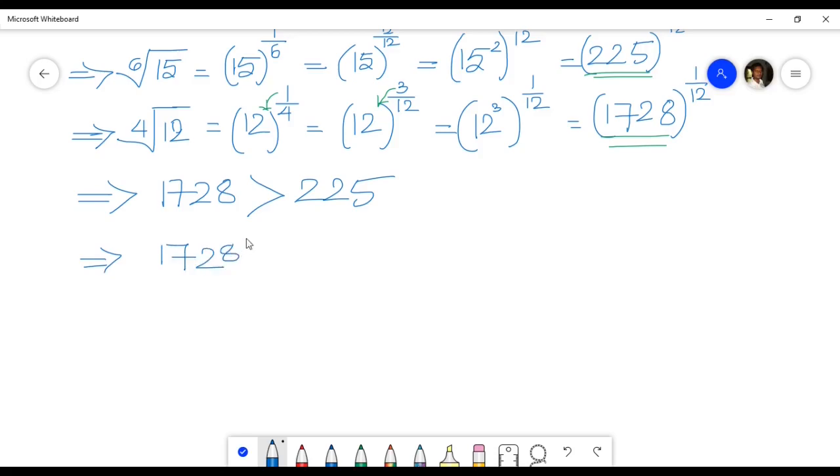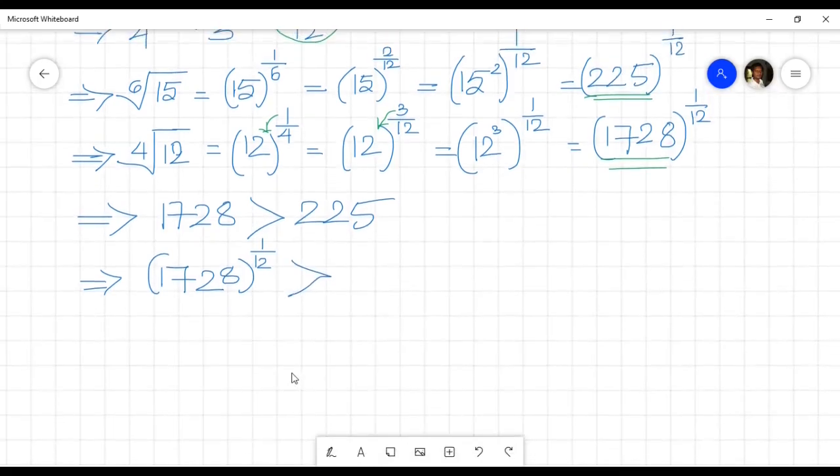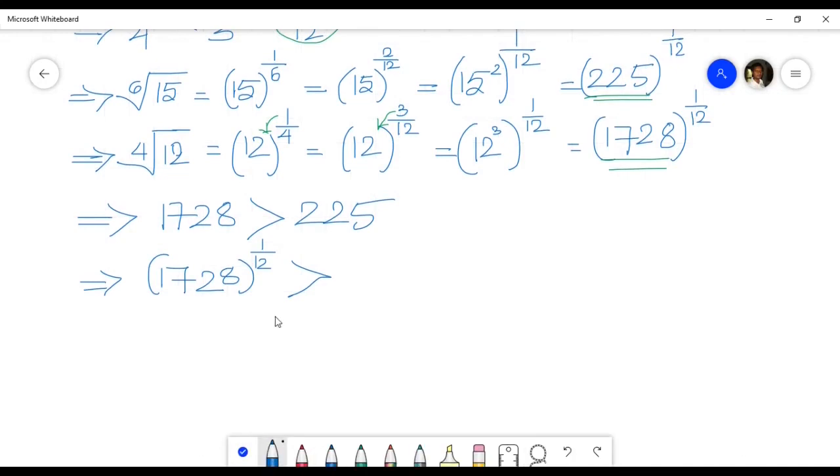1728 exponent 1 by 12 is greater than 225 exponent 1/12. Right, I hope you have understood till here.